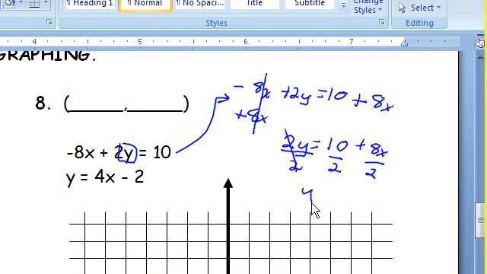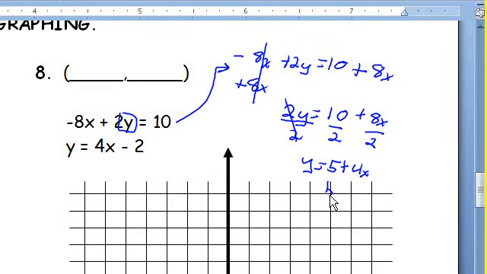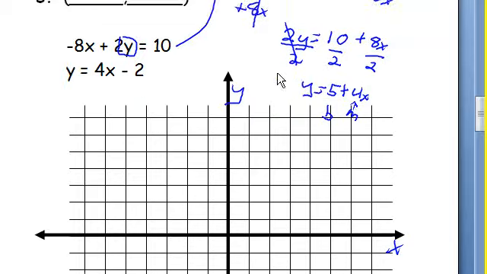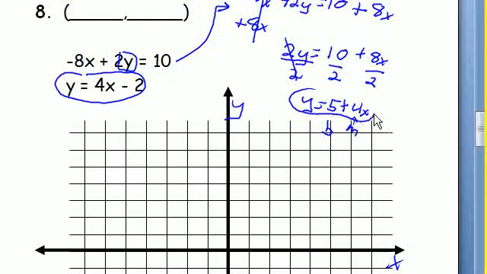Cancel out, giving us y equals 5 plus 4x. So there's our b right here. Here's our m right here. Remember, the m is always the number in front of the x. There's our x-axis, our y-axis. So now this equation is ready to graph, and finally this equation is ready to graph.